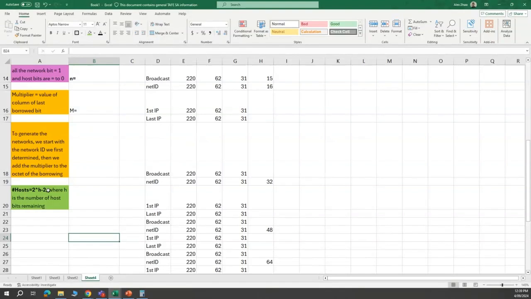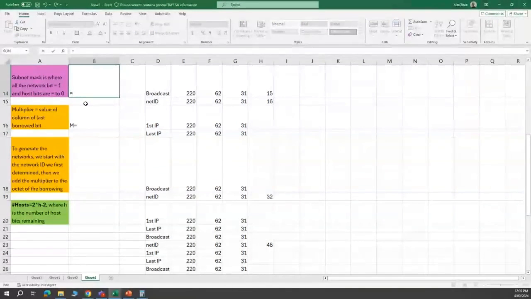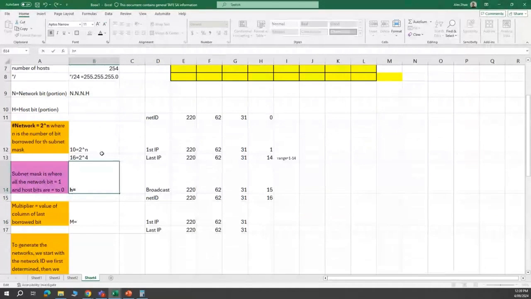Okay? But it's pretty much the same formula, so it's not very hard to remember. That's why I'm typing it out off the top of my head, really. Because I understand that it needs the -2 because of the broadcast and network ID, I can remember the formula quite easily. All right, so now we're going to change this one to, instead of being n, it's h, right? That's the variable.